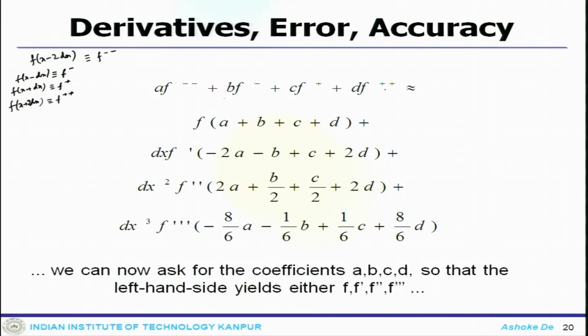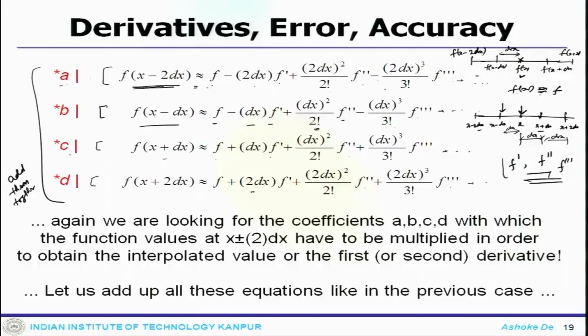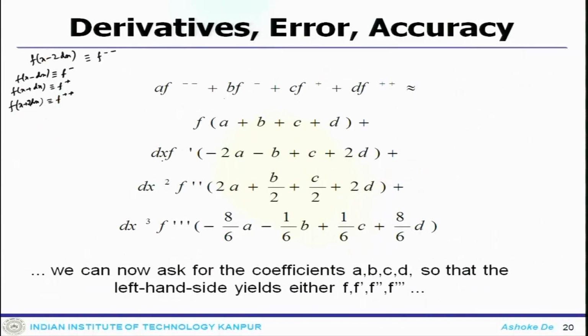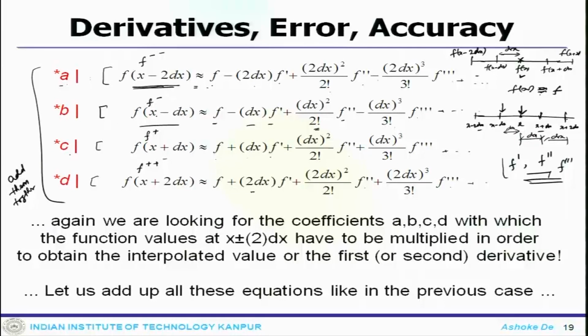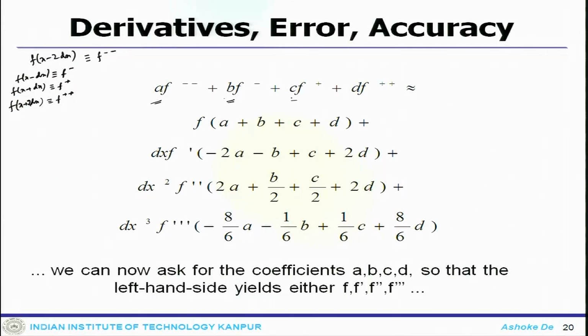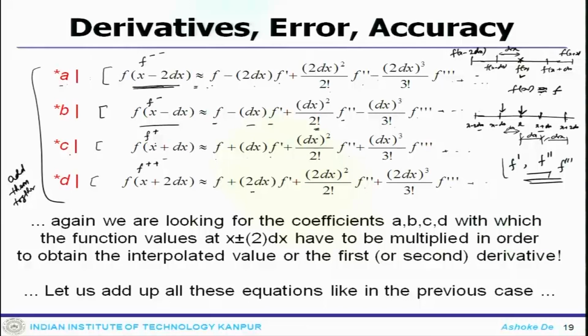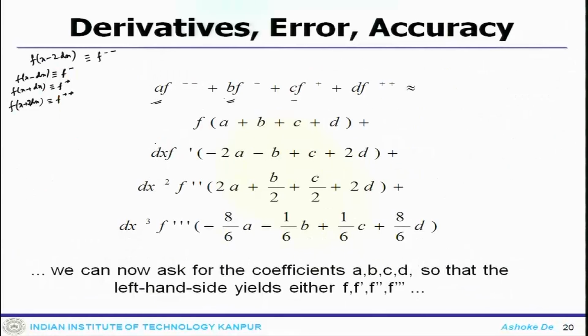So the first equation is multiplied with a, the second equation is multiplied with b, the third equation is multiplied with c, and the fourth equation is multiplied with d, that is f plus plus.